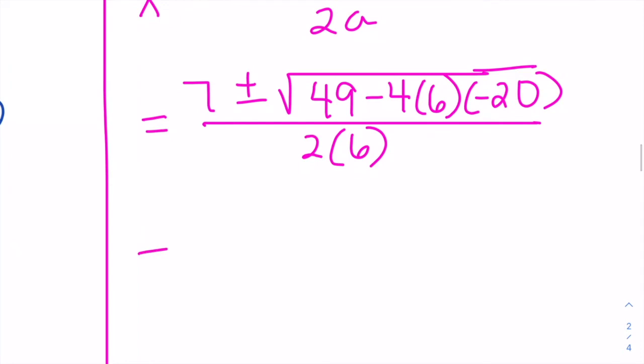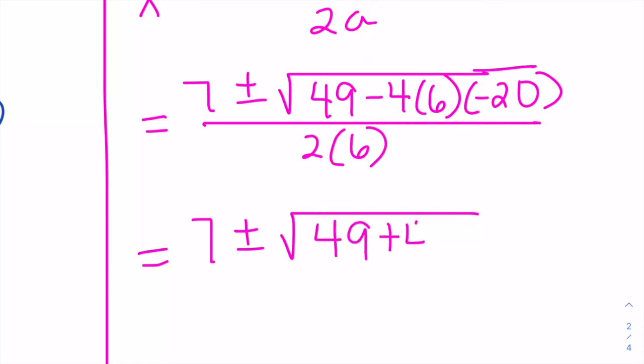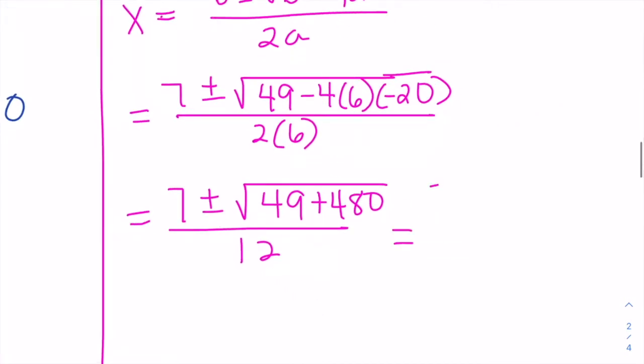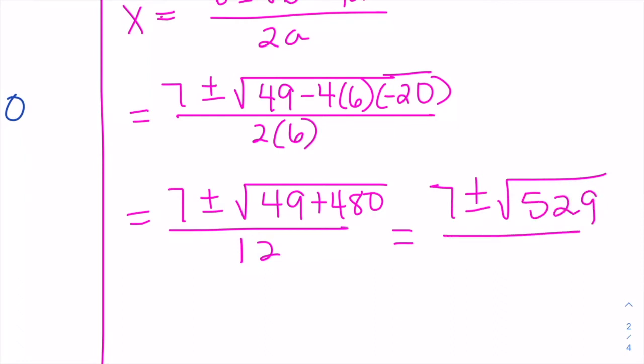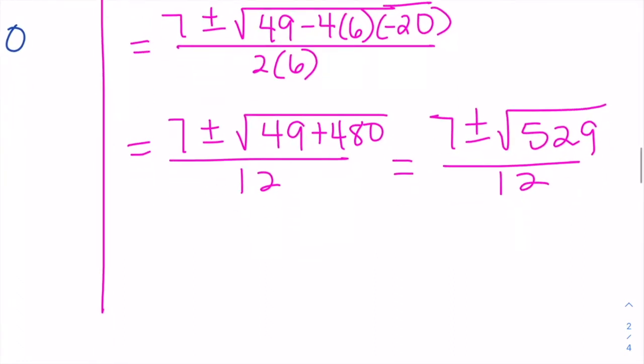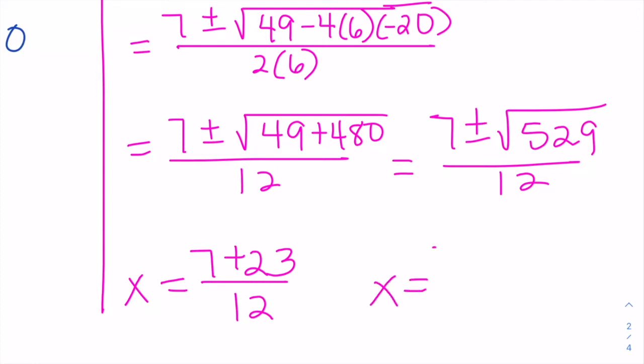All right, and then the rest of the problem is just simplifying. So 7 plus or minus the square root of 49 plus 480 over 12. And we can simplify that radical because that will equal the square root of 529 over 12. So we know we're going to get 2 answers, because the square root of 529 is 23. So we'll have 7 plus 23 over 12 and 7 minus 23 over 12.